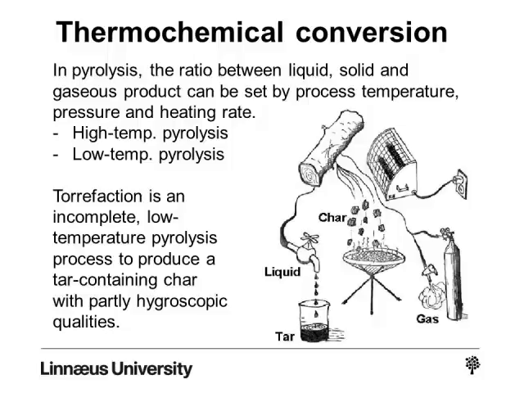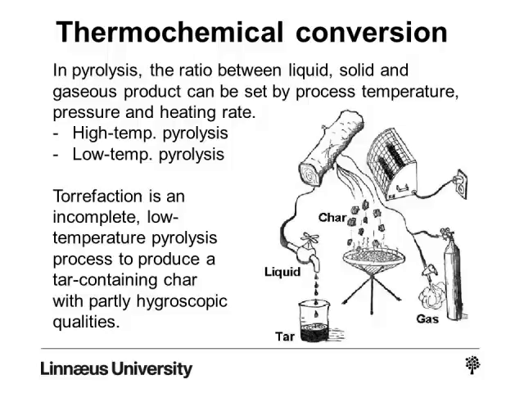So that char is brittle, it is easy to grind, it has a high heating value, around 30 to 35 megajoules per kilo, and it is to some extent hygroscopic, so it can take a moist environment without being destroyed.